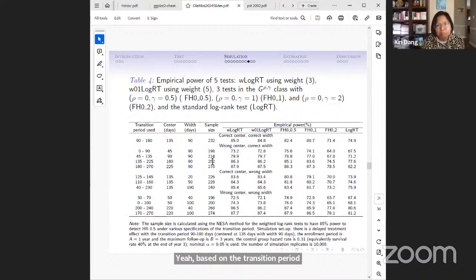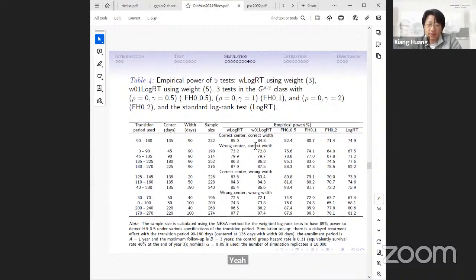Basically, it still depends on the transition period. If it's earlier, then you may need fewer samples, and if it's later, then you need more.